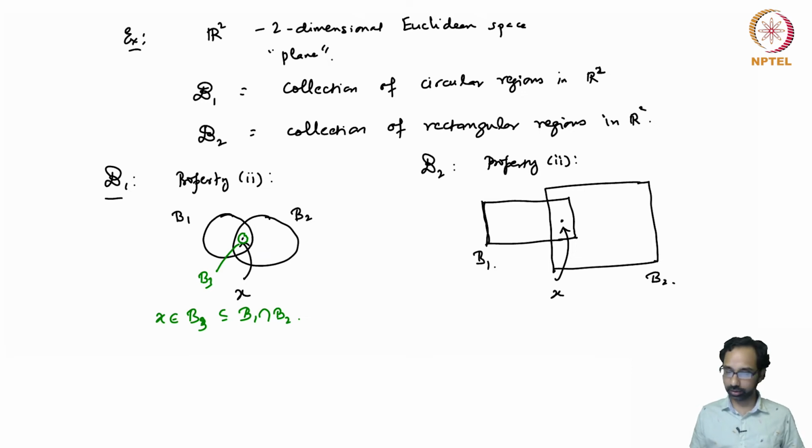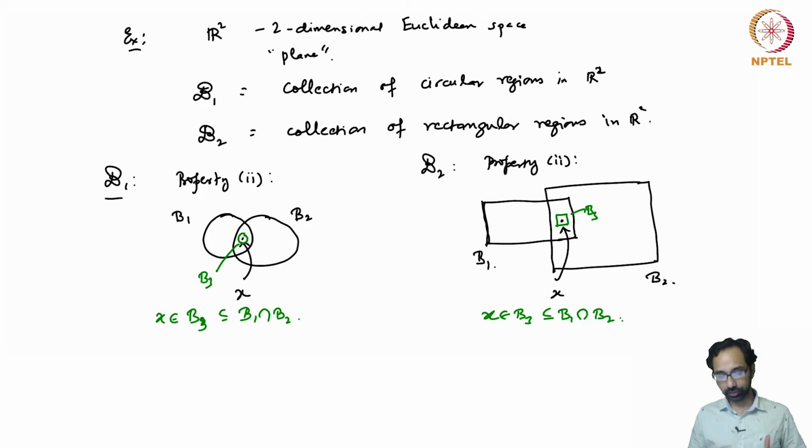Again, it's visually clear that if you take a small enough rectangle that contains this point, then it will lie completely inside the intersection. So this is B3, X belongs to B3, and it is a subset of B1 intersection B2.